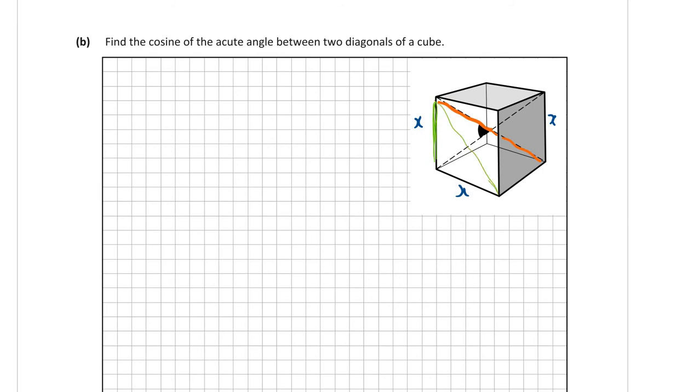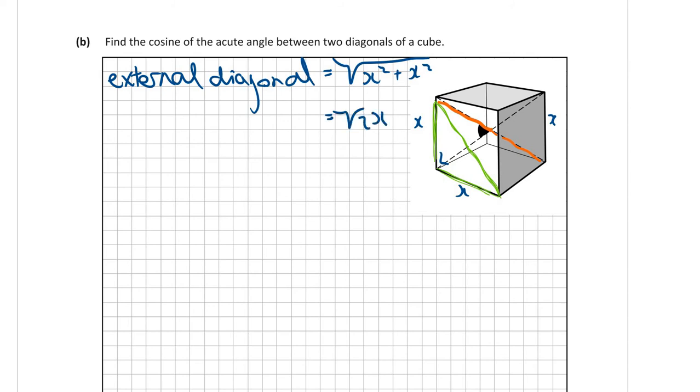Well, if I can find that external diagonal with respect to x, which is that green line, we know that, because this is a right angle, that squared is equal to x squared plus x squared. So that's going to be equal to the square root of x squared plus x squared, which is root 2x squared. So that's equal to root 2 times x.